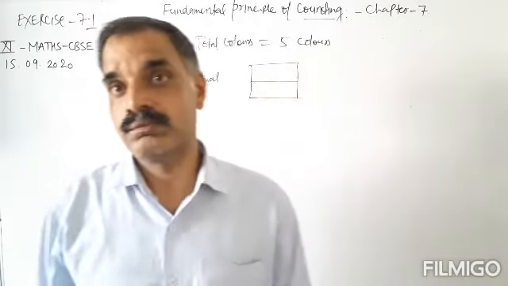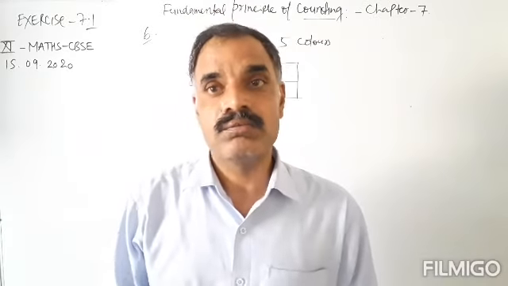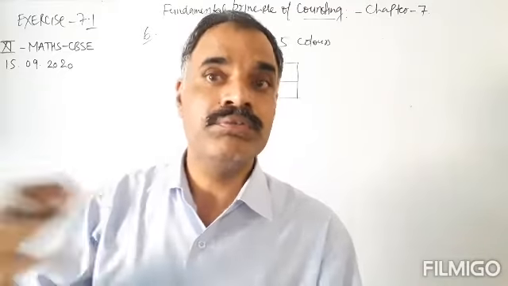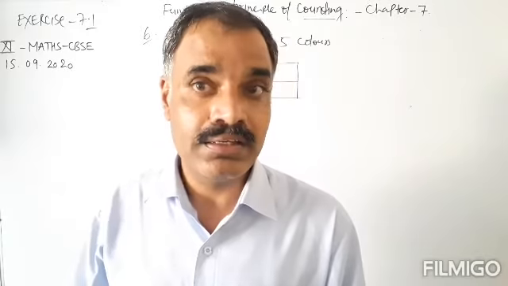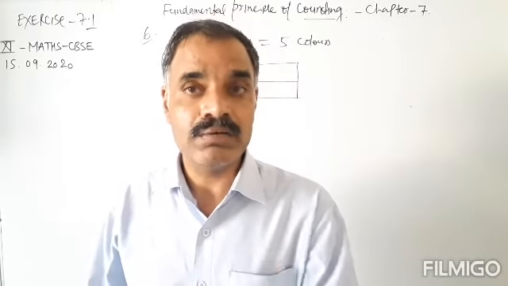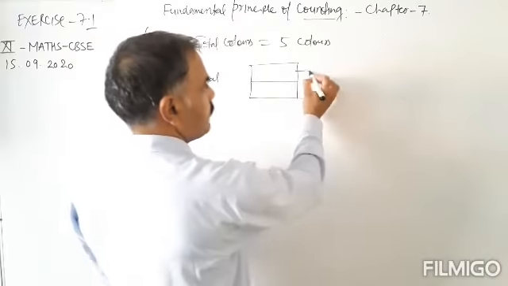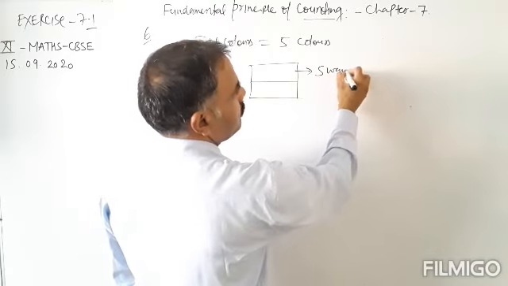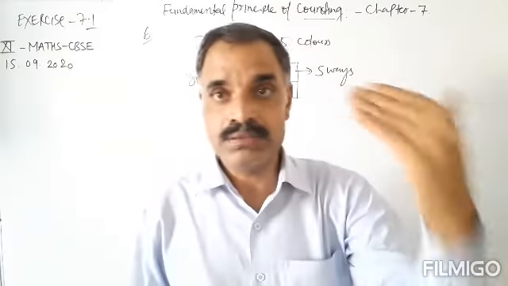Now here we cannot repeat the color, as we have to use two different colors. If we use green and then again green, then we are repeating the colors, so we cannot repeat them. So the first place can be filled by 5 colors, any of the colors can be at the first place.